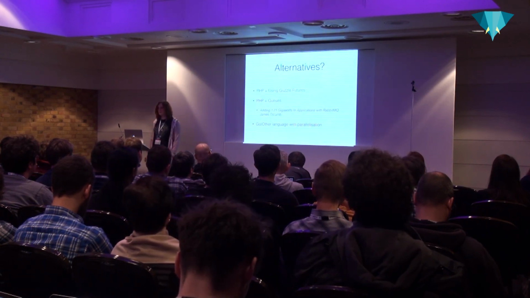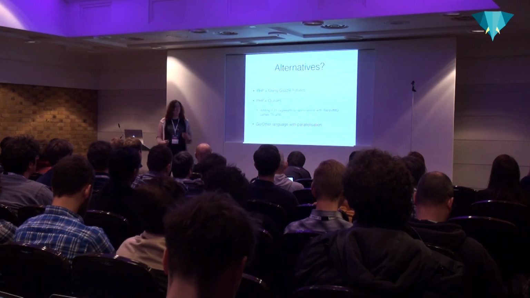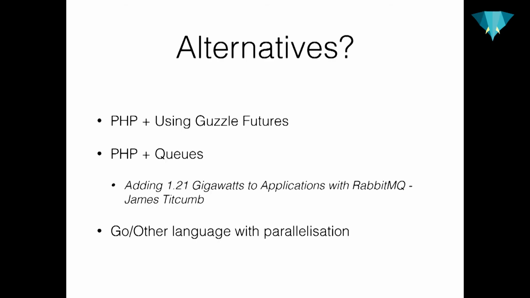Okay. So there are a few alternatives to using Express, and one of these is to use Guzzle with Futures. Obviously, you can't process the responses at the same time as you can with JavaScript. However, it is better than nothing. So if you've got a heavily PHP-focused development team, that might be a good choice.